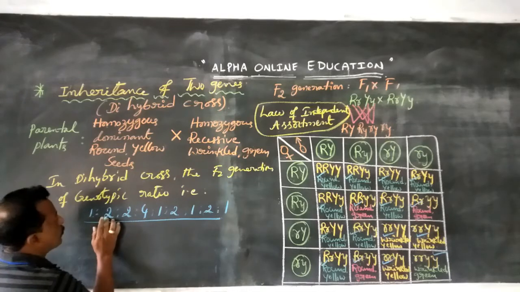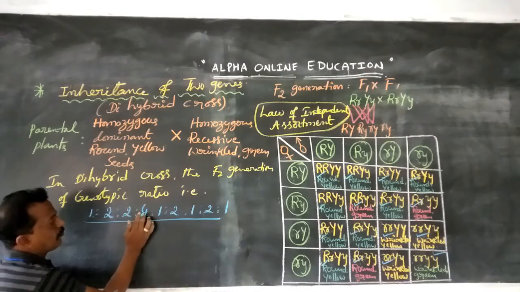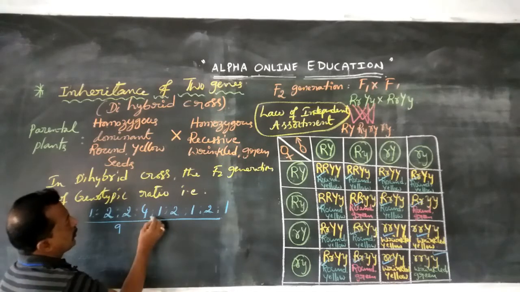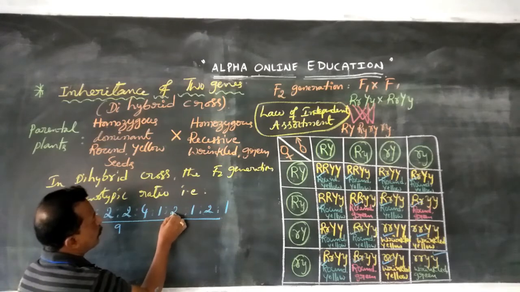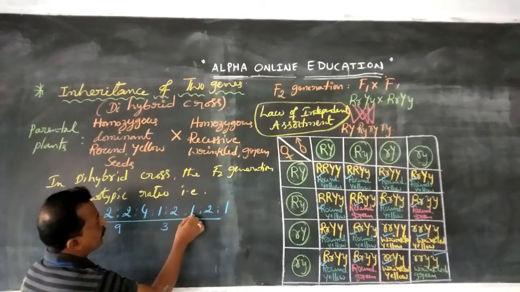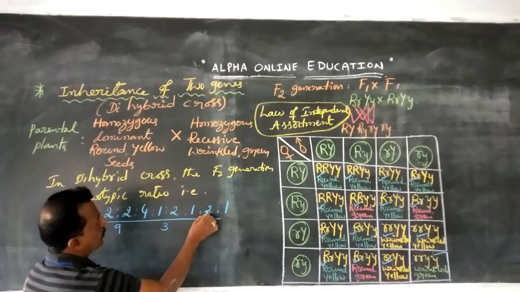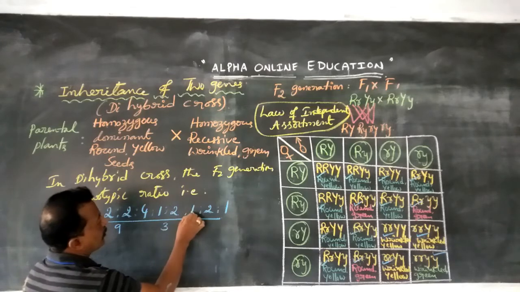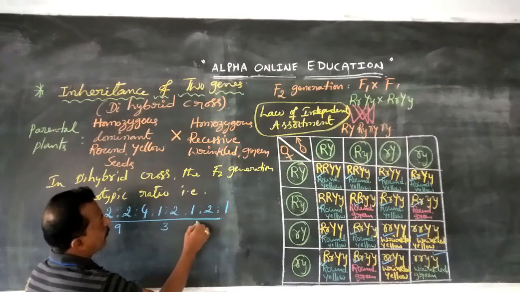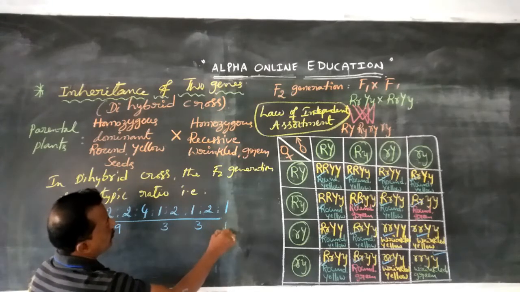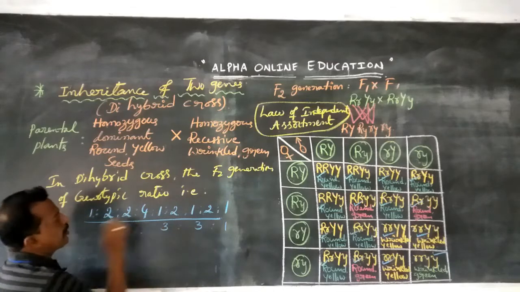That is 1 plus 2 is 3, 3 plus 2 is 5, 5 plus 4 is 9, 9 plus 1 is 10, 10 plus 2 is 12, 12 plus 1 is 13, 13 plus 2 is 15, plus 1 is 16. That is 16 genotypes.